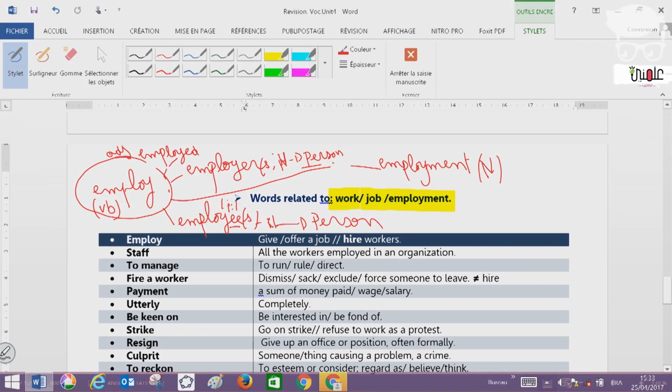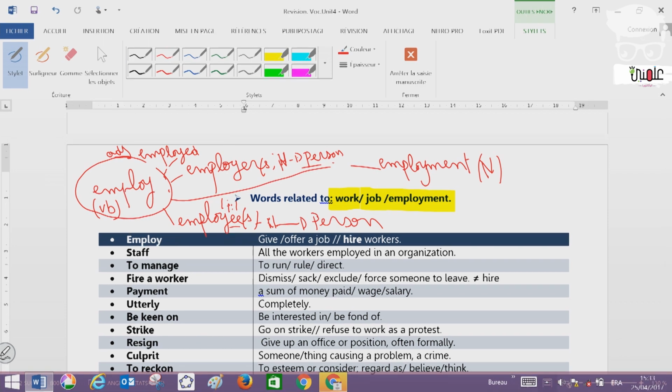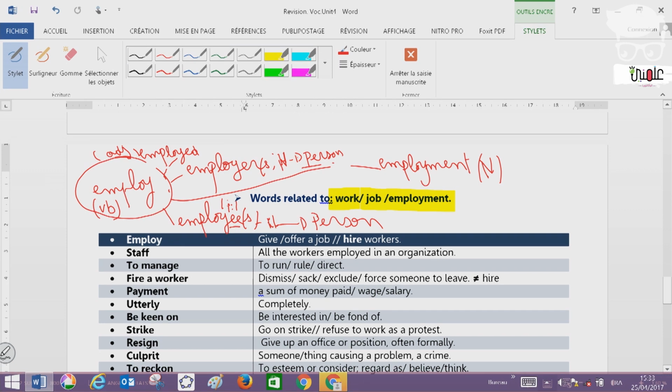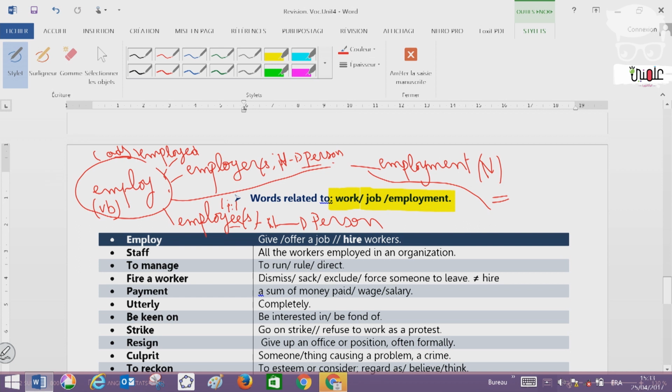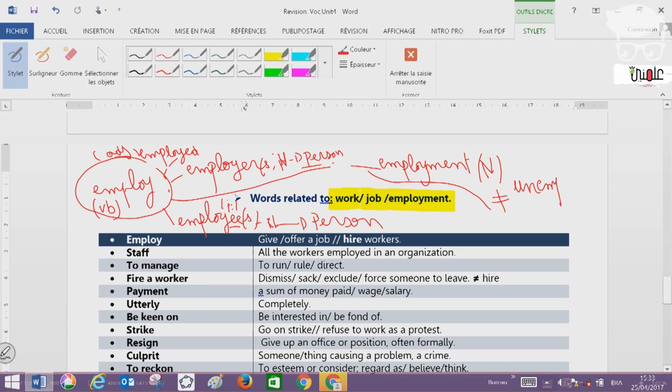Okay, good. We can say the opposite of that word. And we have a prefix. And employment.